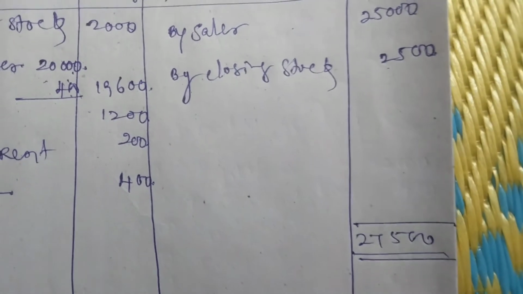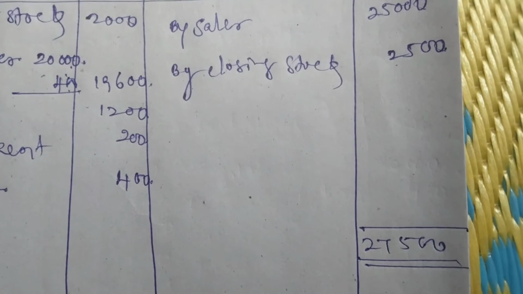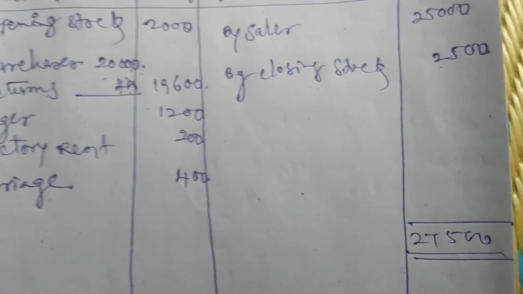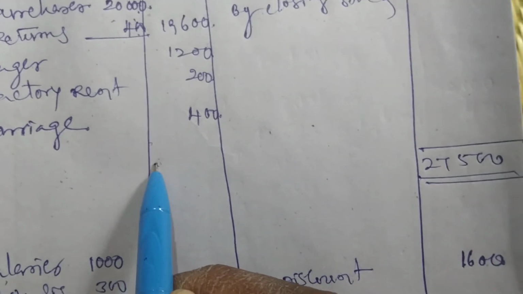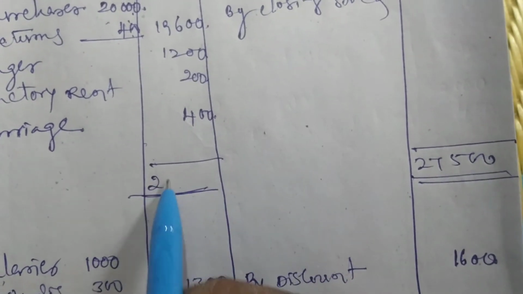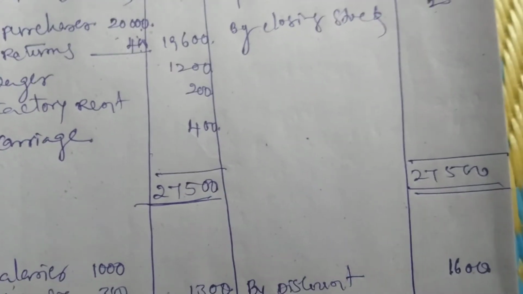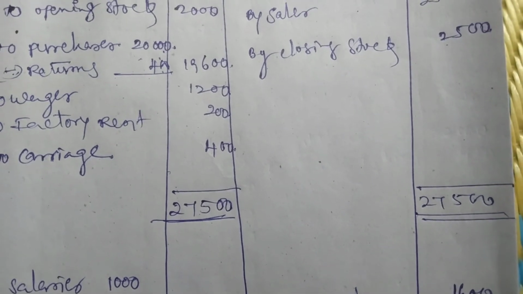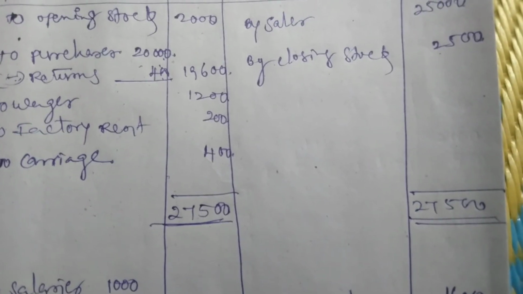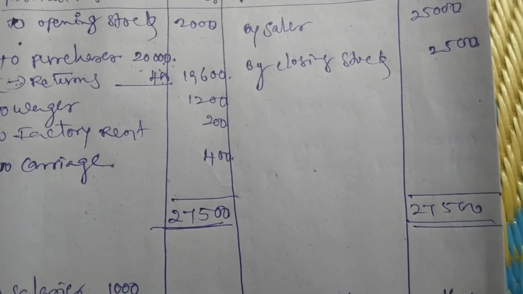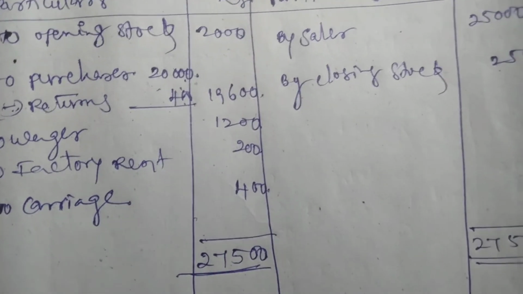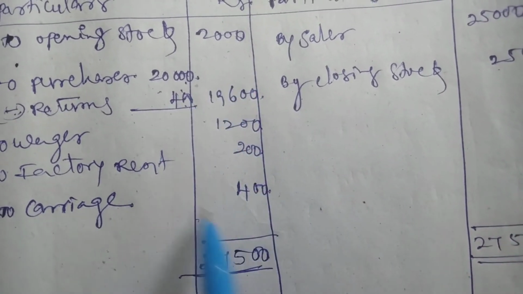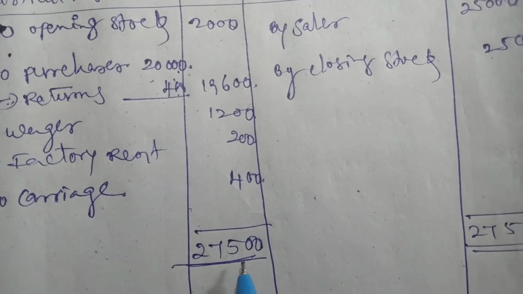So the higher amount is recorded in both sides of the trading account, 27,500. Right, now we deduct these total amounts from the 27,500.